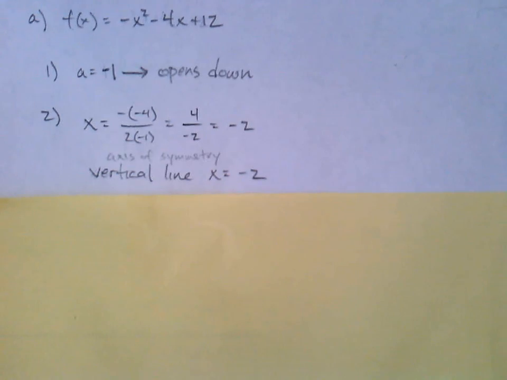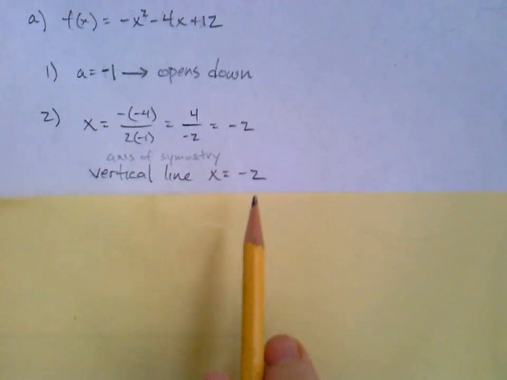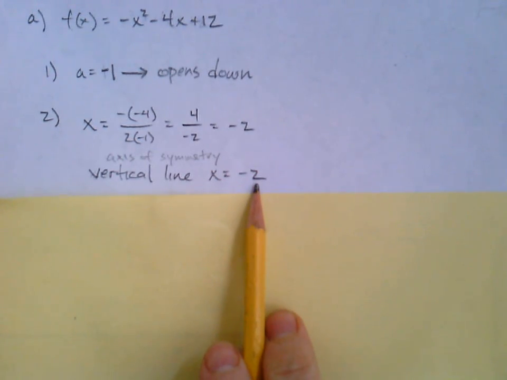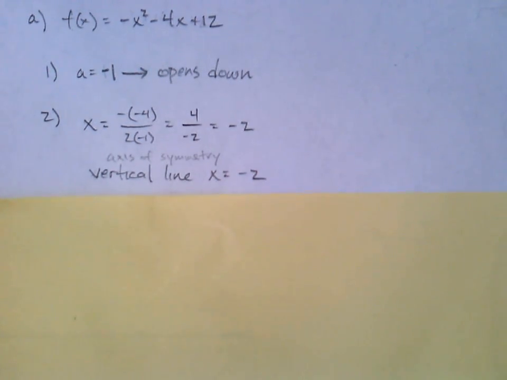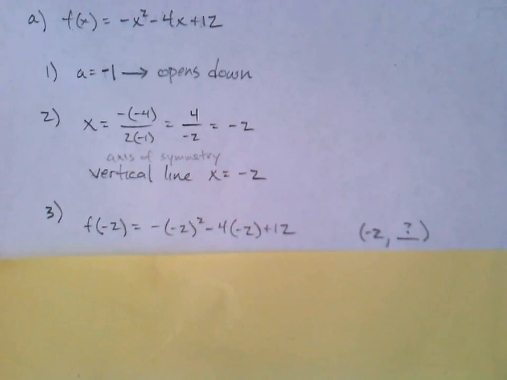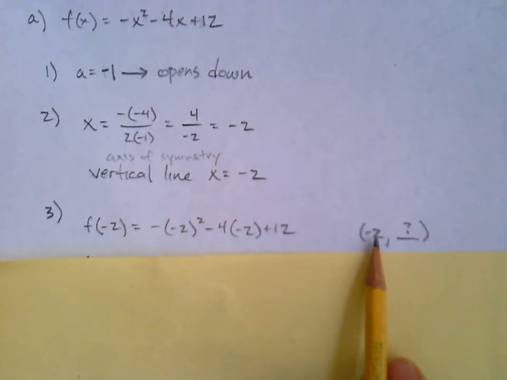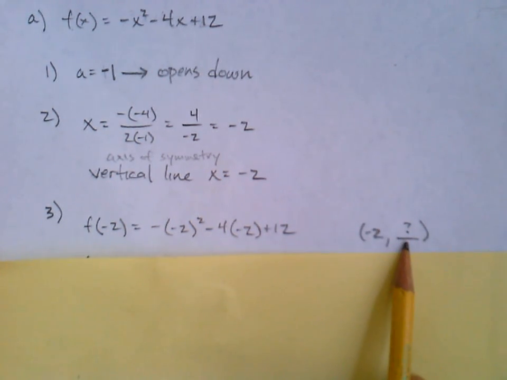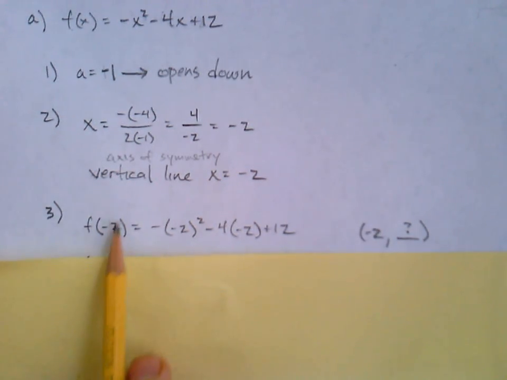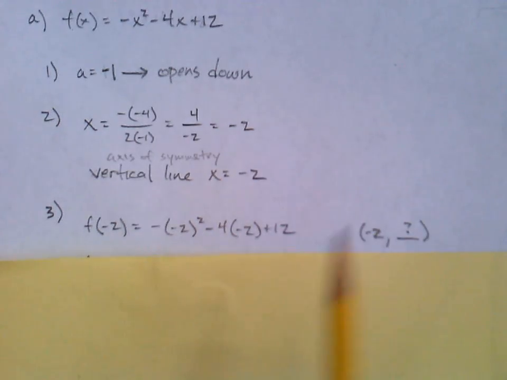Okay, property number 3 is to determine the vertex. So I already know the x-coordinate of the vertex is the same as the axis of symmetry. I know my x-coordinate's -2, but I want to find the y-coordinate. How do I find the y-coordinate? I can take the -2 and plug it into the function, my function way back from the beginning.